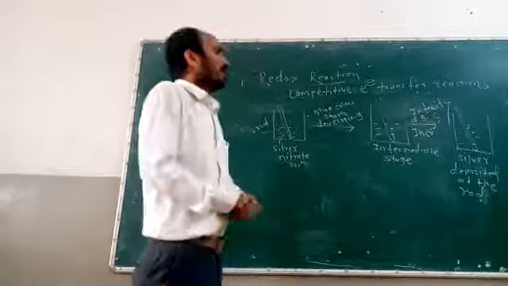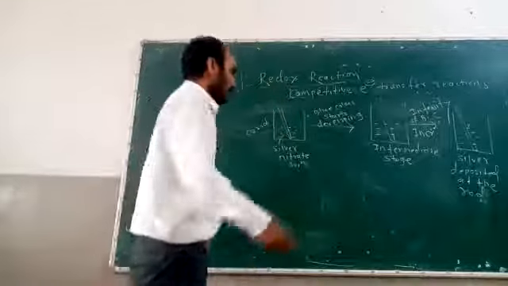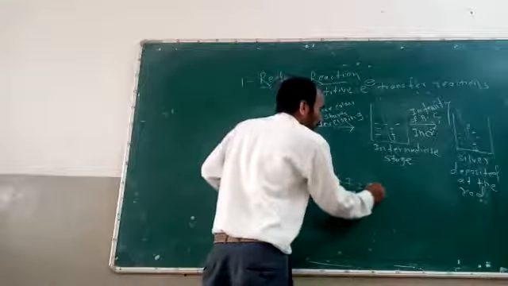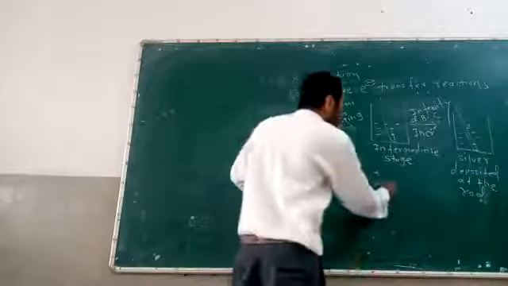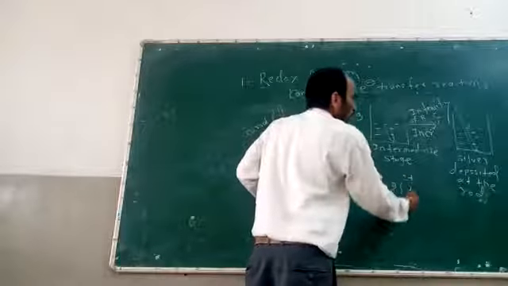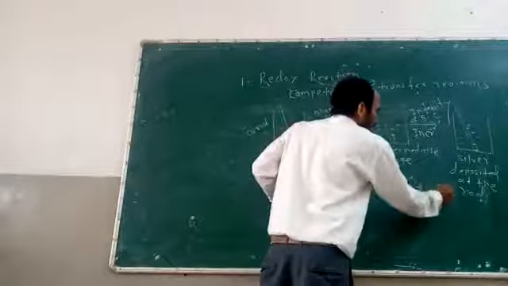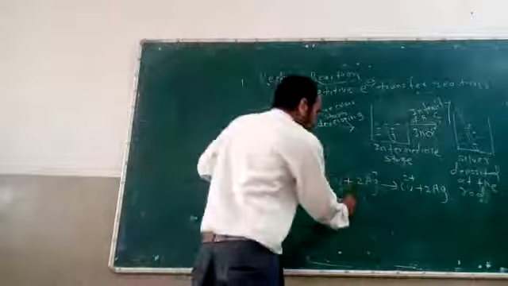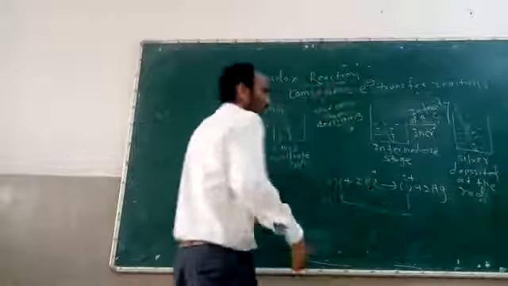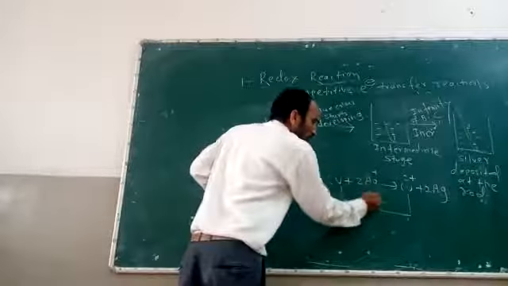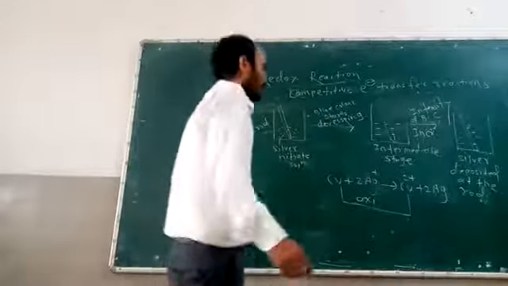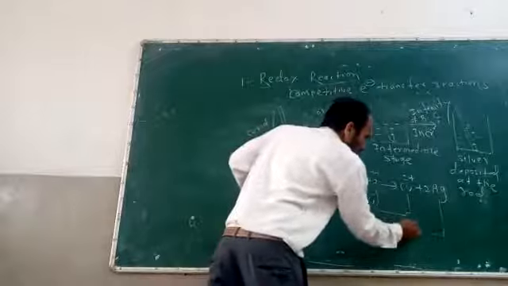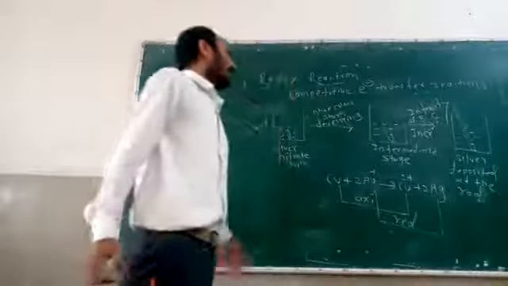What redox reaction takes place in this experiment? That is Cu plus 2Ag+ gives Cu2+ plus 2Ag. In this reaction, Cu loses 2 electrons, that is, oxidation takes place. Ag gains electrons, that is, reduction takes place.